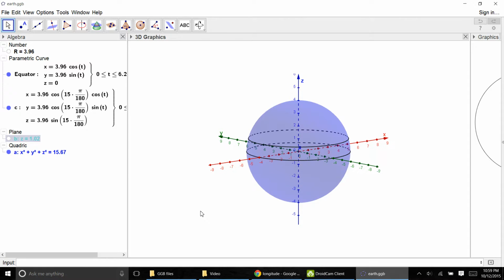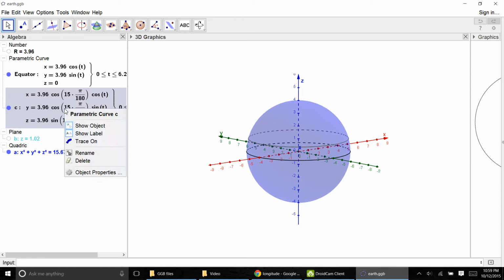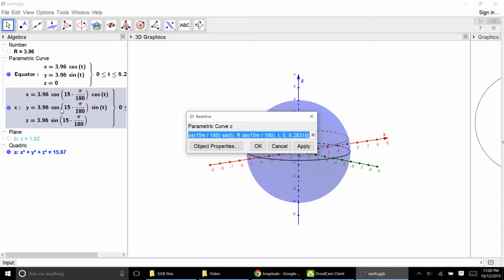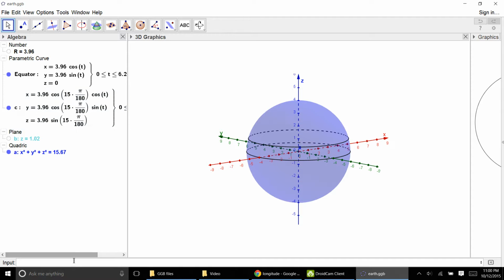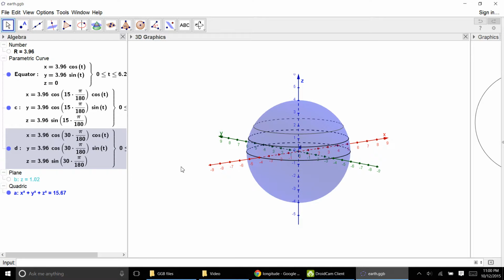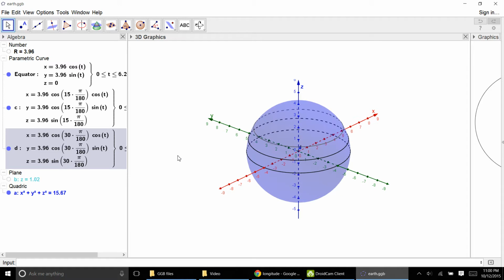Alright, so how do we get the rest? Well, we just change the 15 to 30 or something. So let's take this thing, copy it, put it down here, but change the 15s to 30s. And then we should get a smaller, higher circle. Okay? It's looking good.